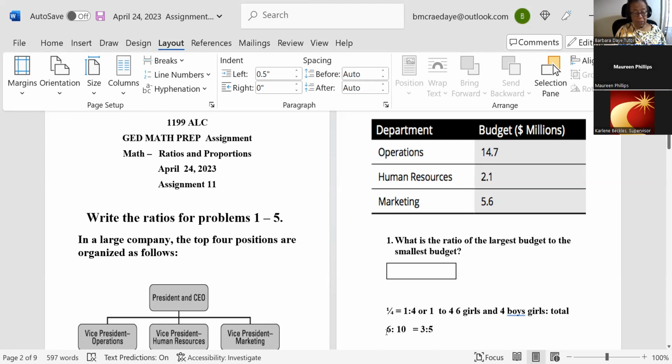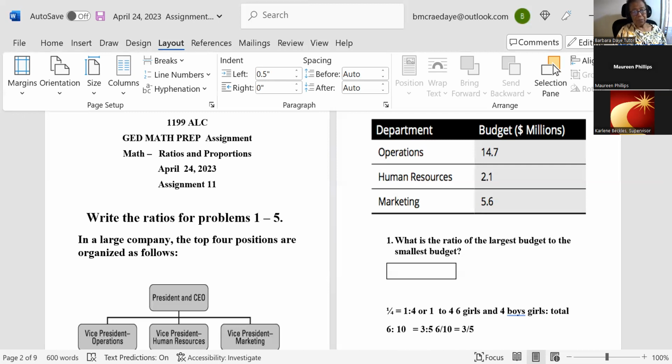Now to simplify, it's just like a fraction. 6 over 10 is 3 over 5, right?